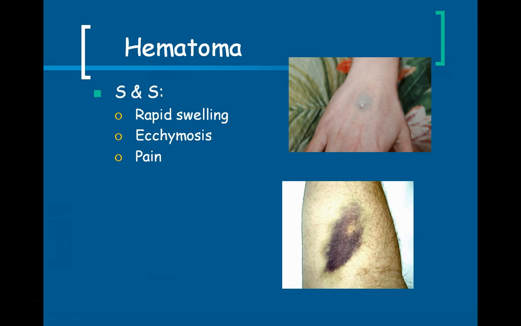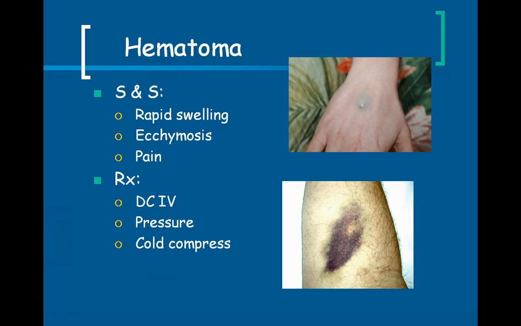So signs and symptoms are rapid swelling, ecchymosis, and it can be very painful. So if we see that happening when we're starting the IV, we discontinue it, put pressure on the site, and apply cold compresses to help prevent the leakage of the blood.